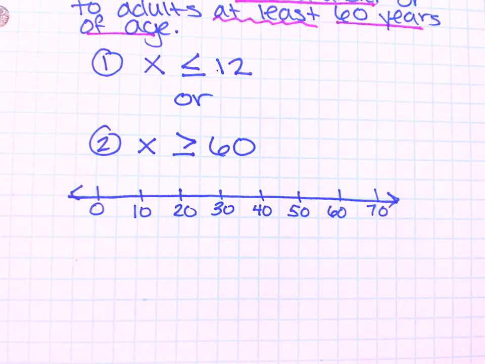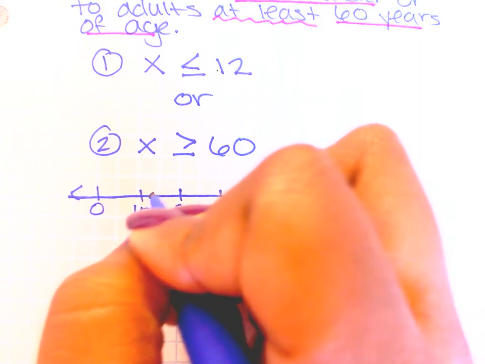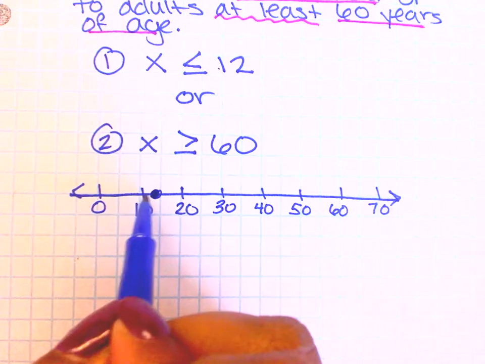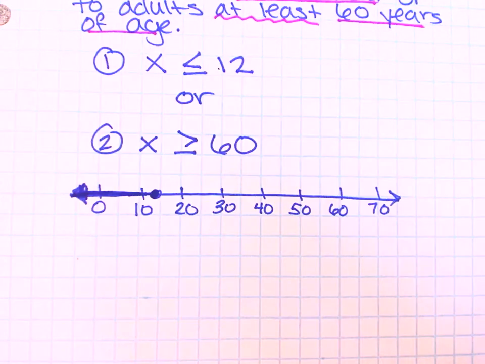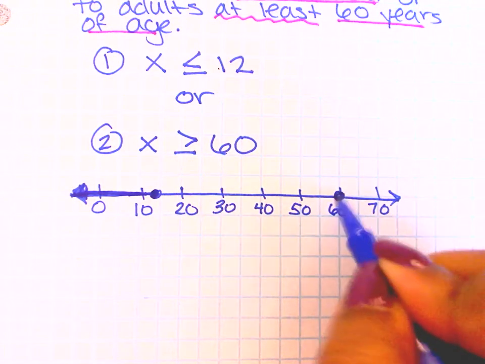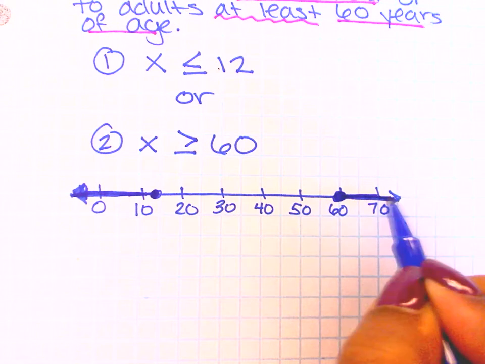Everyone drew it? Okay, so 12 would be right about here. Closed circle. Pointing to the left. Shade to the left. 60, this is or equal to, so it's a closed circle. Pointing to the right. Shade to the right.